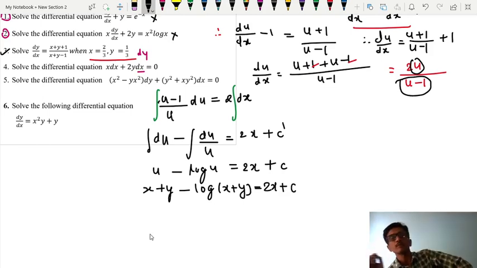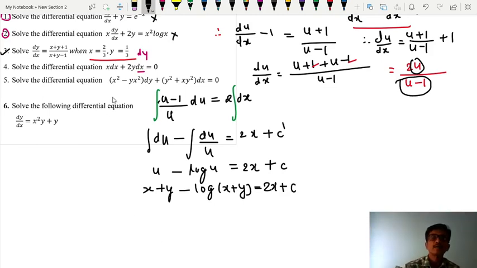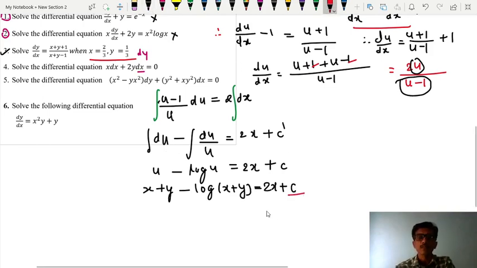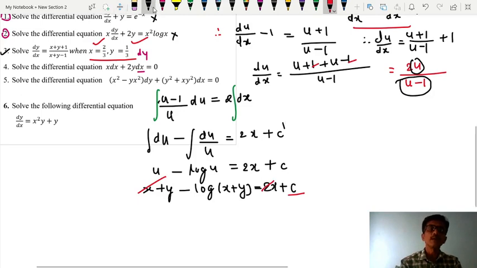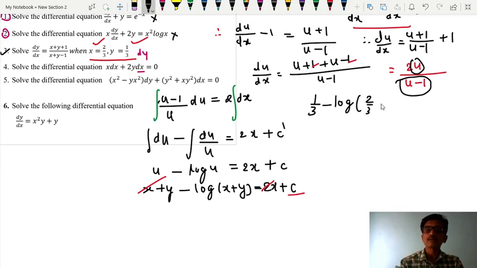As we want to find particular solution, so we are interested to find value of this arbitrary constant c. Here what is given? x is equal to 2 by 3 and y is equal to 1 by 3. We substitute here. Already this 1 x is getting cancelled here. So x is equal to 2 by 3, y is equal to 1 by 3 minus log of, here x is 2 by 3 and y is 1 by 3.